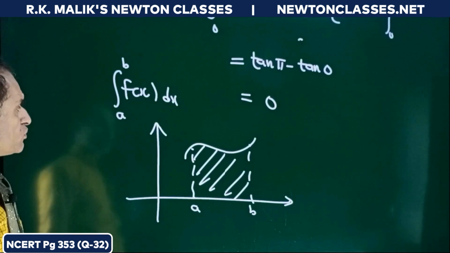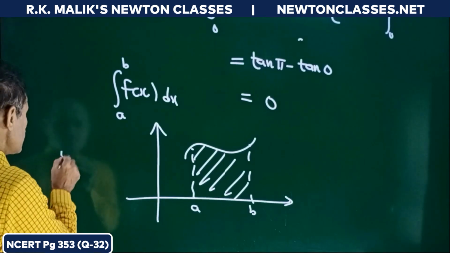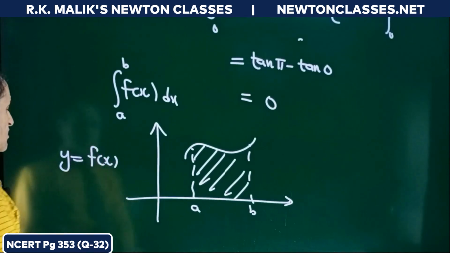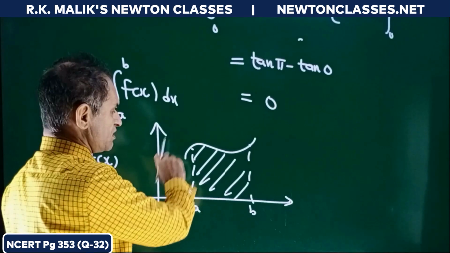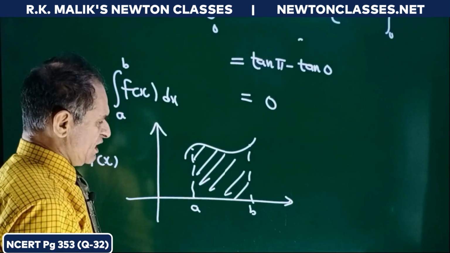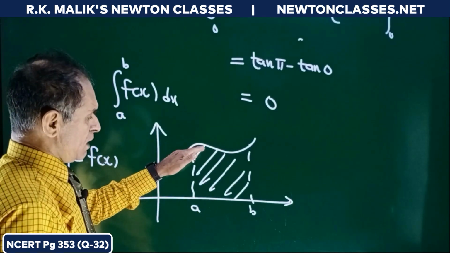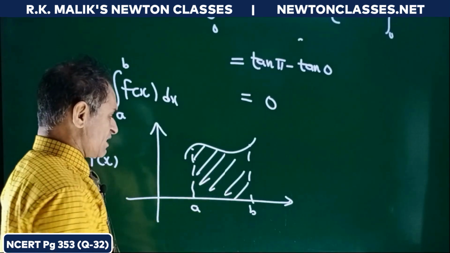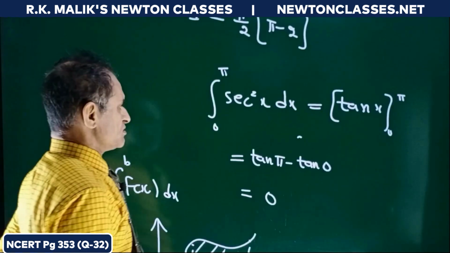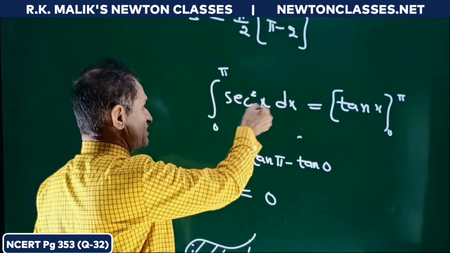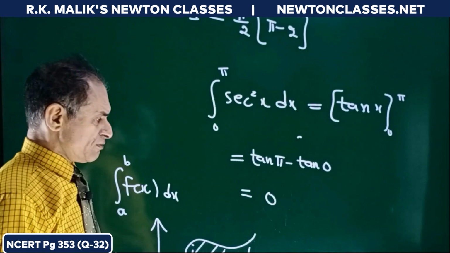And when f(x) is sure to be positive, the graph will surely lie above the x-axis, and then the area bounded between the curve and the x-axis can never be 0. Then how does the value become 0 when secant square x is a positive number?